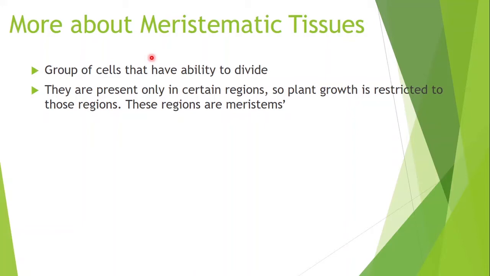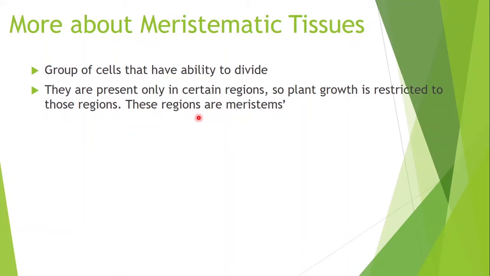The cells which can divide, right? Those cells group together to form meristematic tissue. They are present only in certain regions, so plant growth is restricted to those regions. These regions are known as meristems.